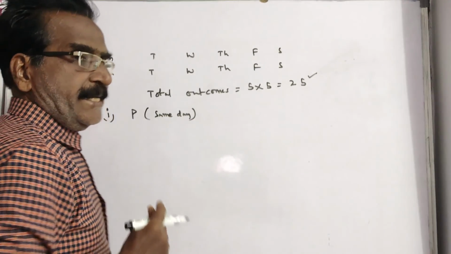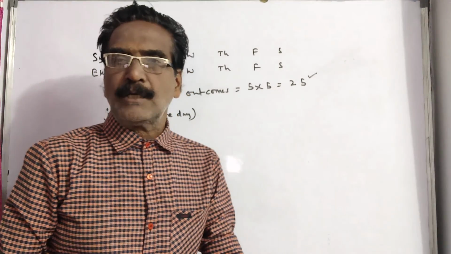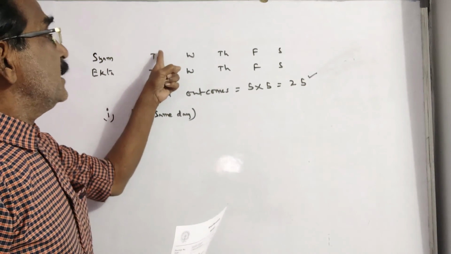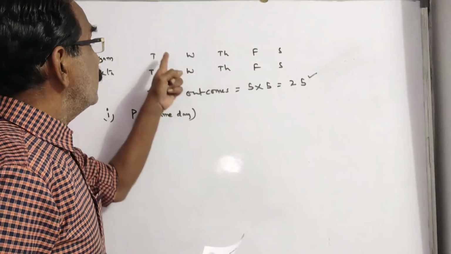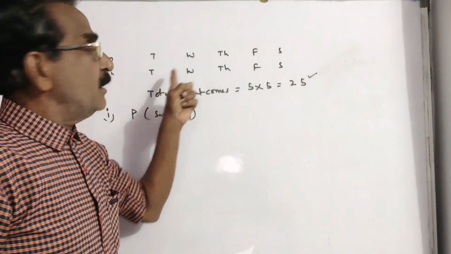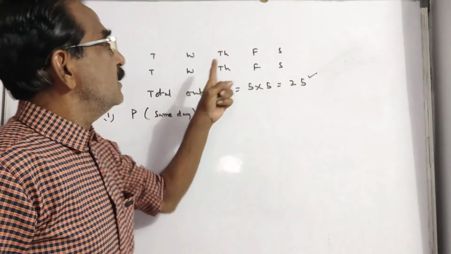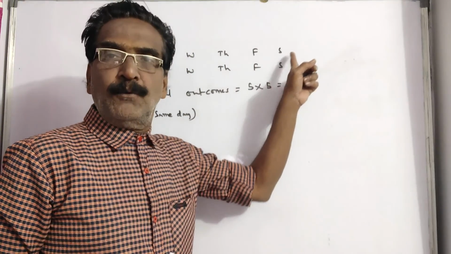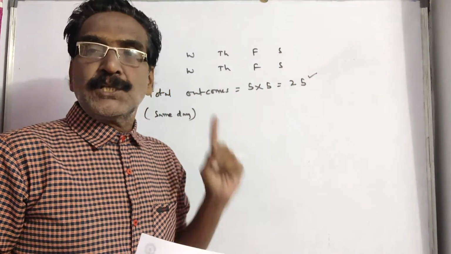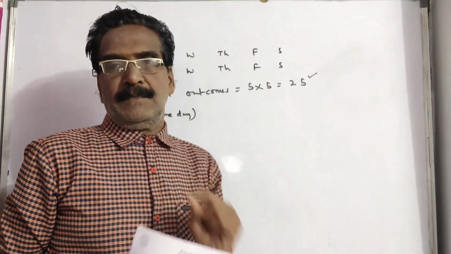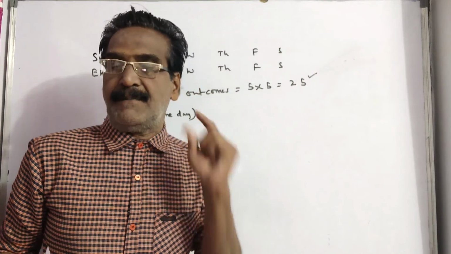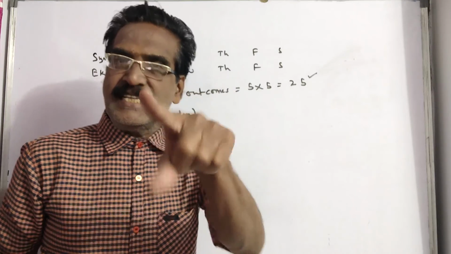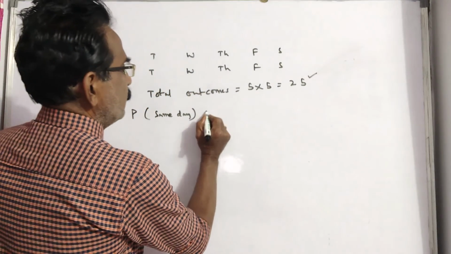See, how many outcomes are favorable to visiting the shop on the same day? Clearly 5 outcomes. They may both visit on Tuesday, Wednesday, Thursday, Friday, or Saturday. So the favorable outcomes are 5.